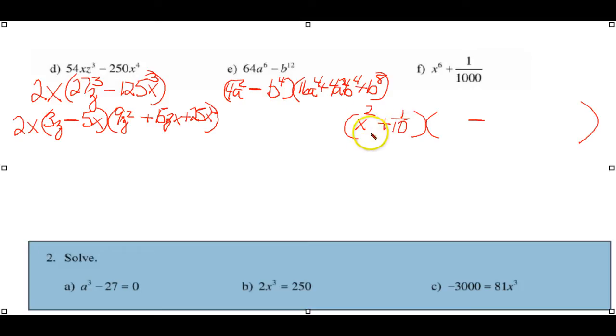So we square this and get x to the fourth. Now we just multiply these together, so this is going to be x squared over 10, and now we square this, 1 over 100. Again, you can go back, you want to try it so that you know how to do these.